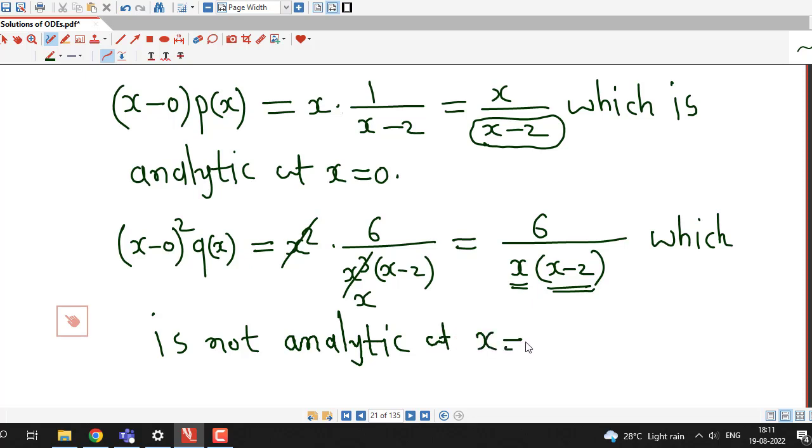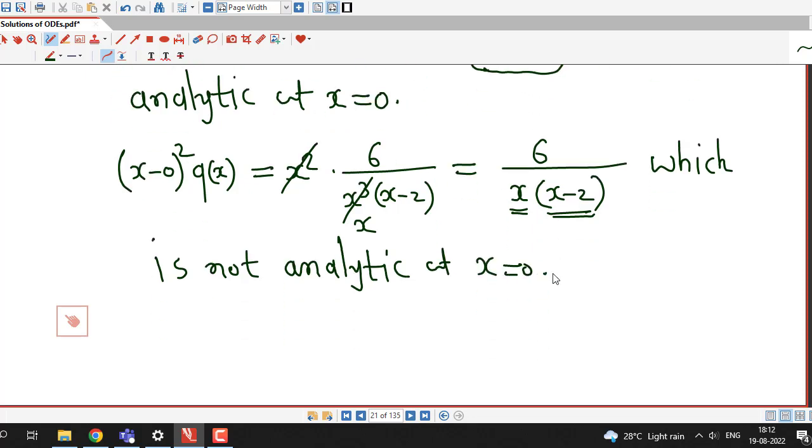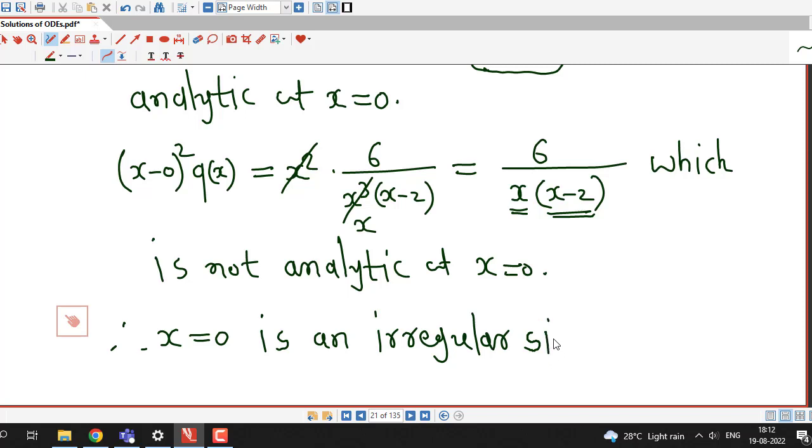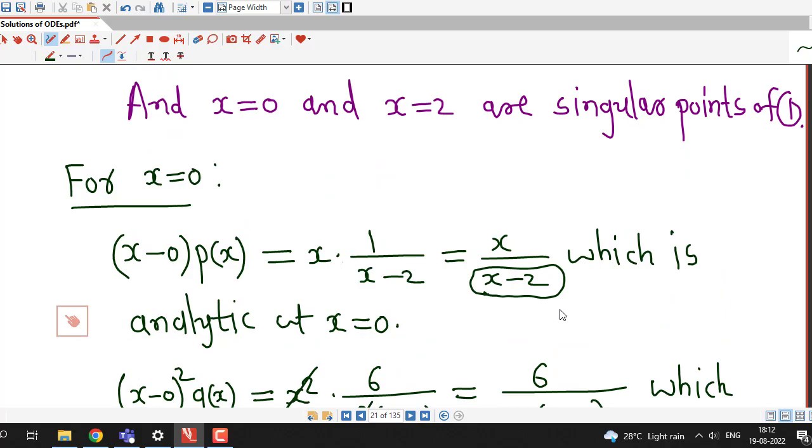Therefore x equal to 0 is an irregular singular point of the given differential equation, which we have numbered 1.